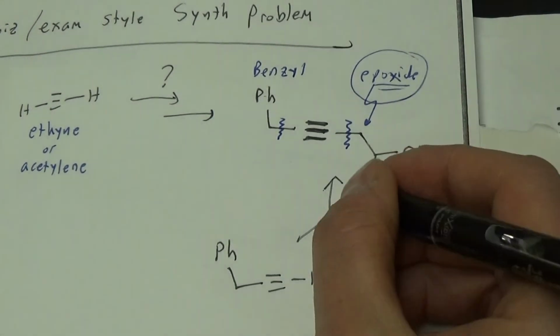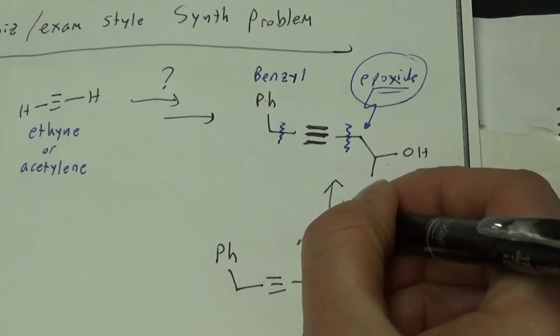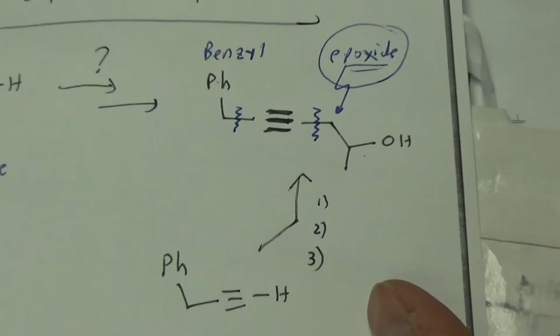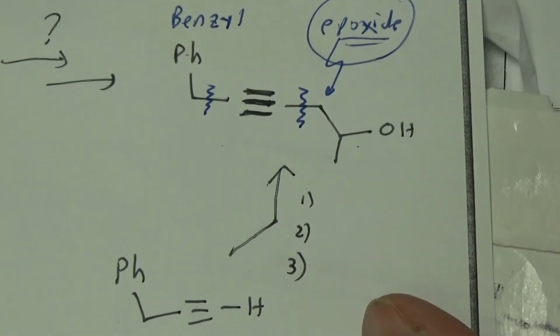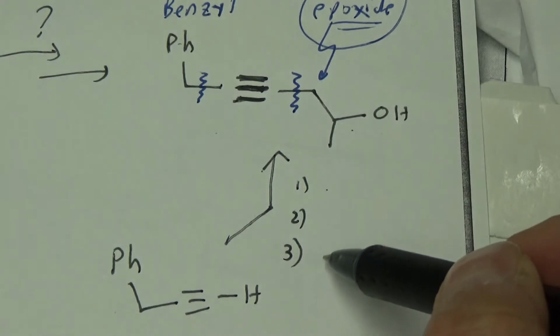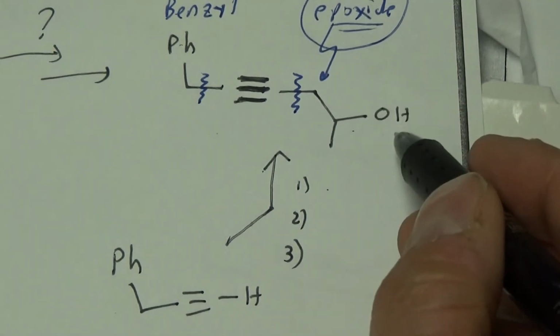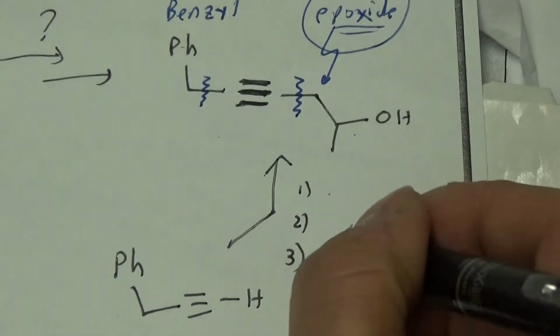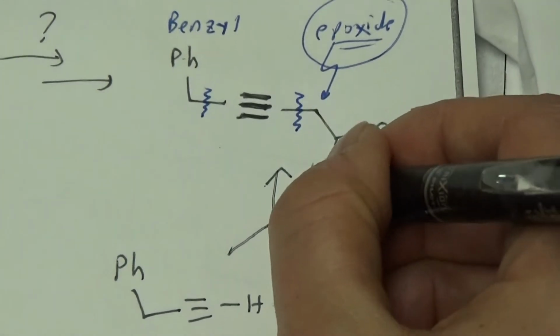Then it's just a matter of a 1, a 2, and a 3. It's a 3-step process to attach the epoxide. Step 1, base. Step 3 is water, because you need a proton for the alcohol. Pick a base. What's your base? I don't know, NH2.